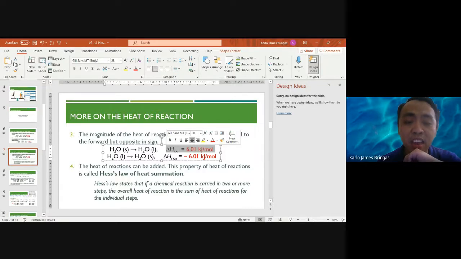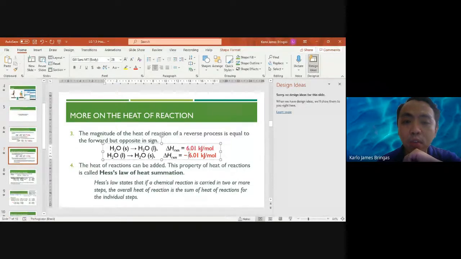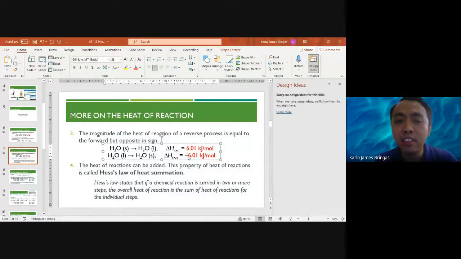It turns out that its value is the same as the first equation. The only difference is that our delta H reaction for this second thermochemical equation has the negative sign. It has a negative sign because we simply took the reverse of the original thermochemical equation.